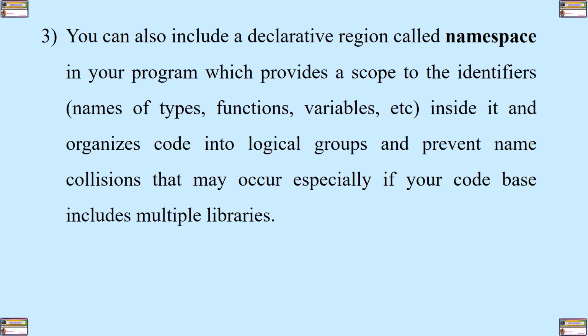Number 3, you can also include a declarative region that is called a namespace in your program. The work of a namespace is to provide a scope to the identifiers, that is, names of types, functions, variables, amongst others that are inside it, and organize the code into logical groups and prevent name collisions that may occur, especially if your code base includes multiple libraries.